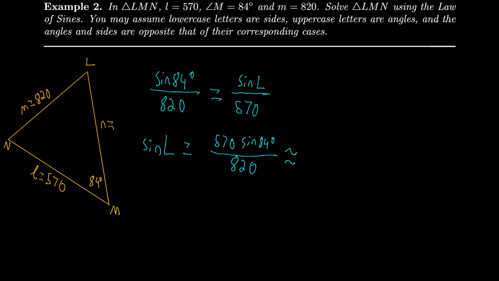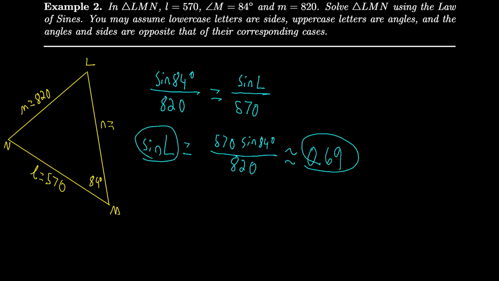Well, if you run that into a calculator, which is absolutely what you should do, you get back about 0.69. Now, right now, that's kind of meaningless. So that's 69 over 100 is the ratio. You have that the sine of L is 0.69.